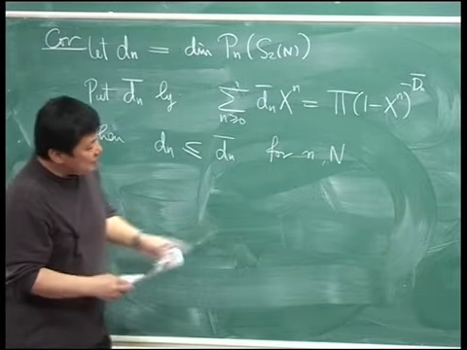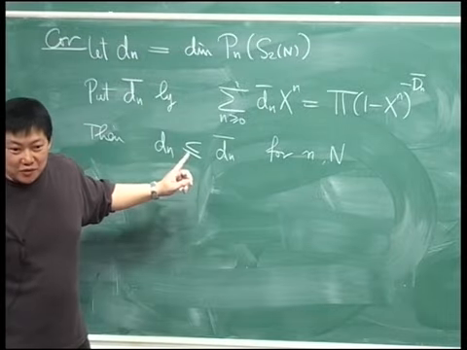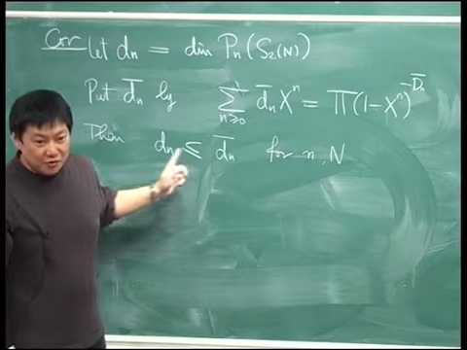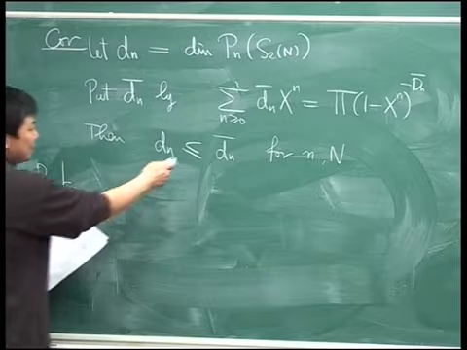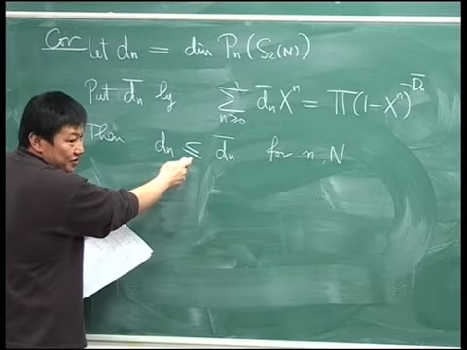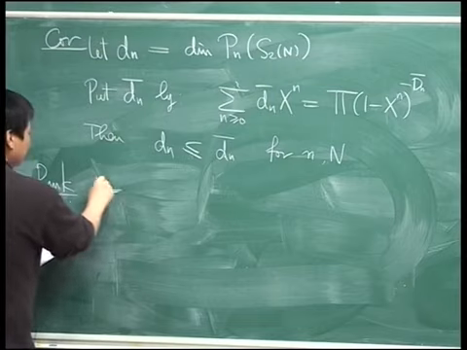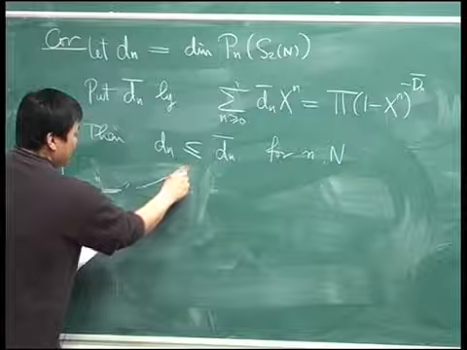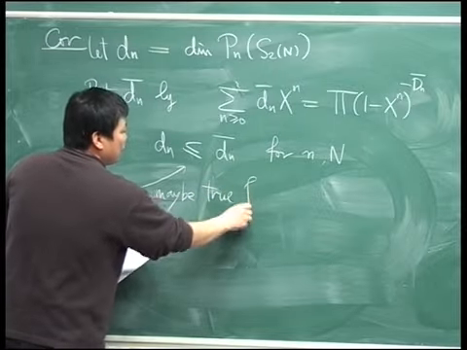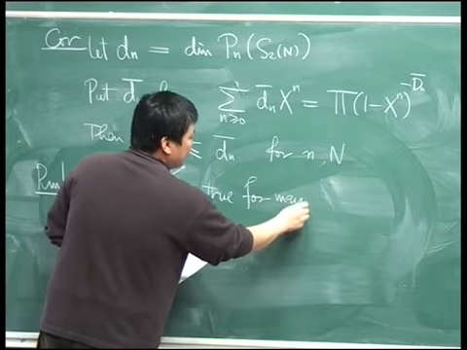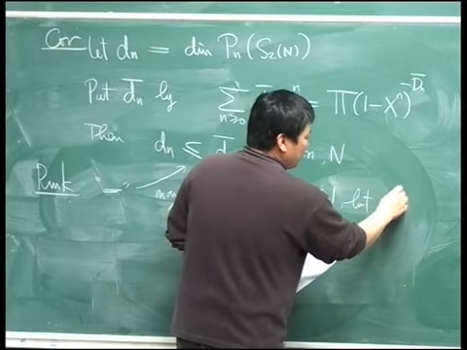But in many levels n, by computer observation, the equality holds. Conjecturally, or numerical observation says, in many cases this inequality is an equality. So as a comment, equality here may be true for many levels n, but not all n.